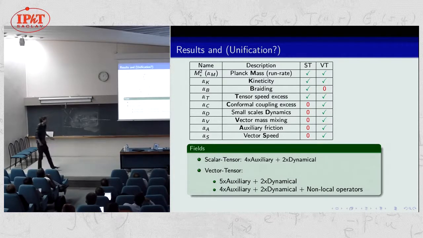And so it means that you have 1 more. Or you can remove one of the auxiliary fields and substitute back into the action, getting 4 auxiliary fields and two dynamical fields, but you have to pay the price of having non-local operators. So these are the reasons why it's difficult to get a unification.